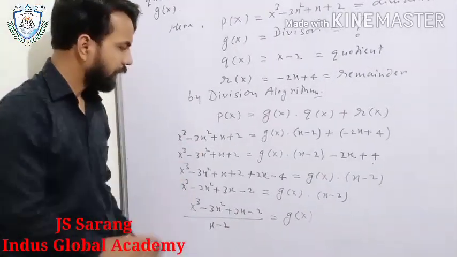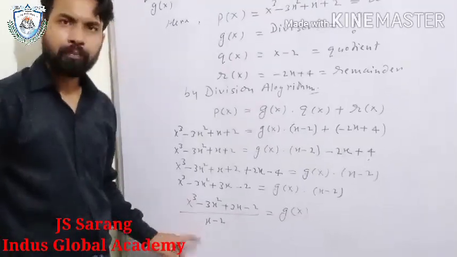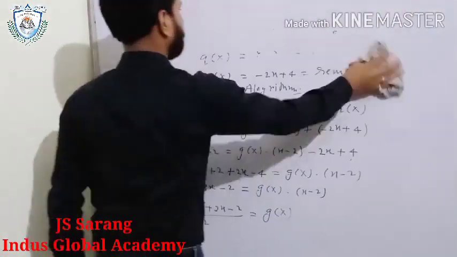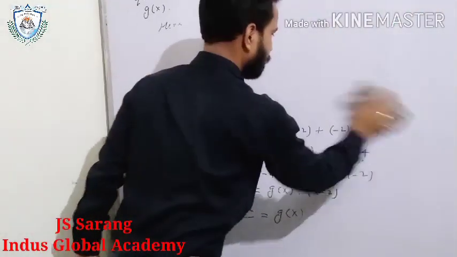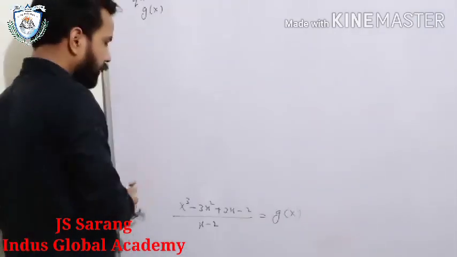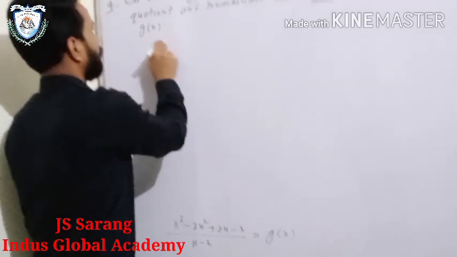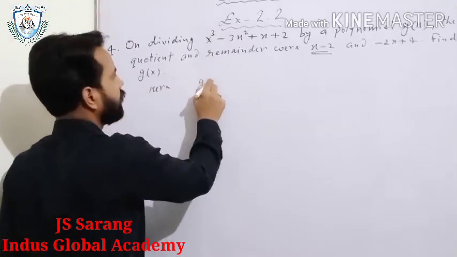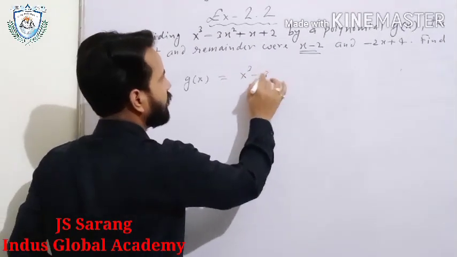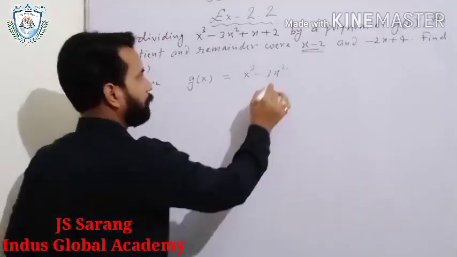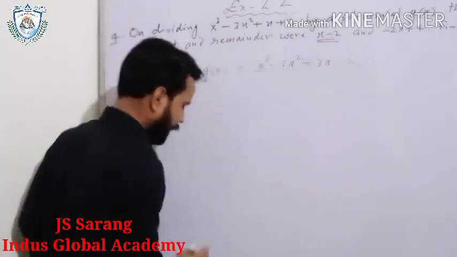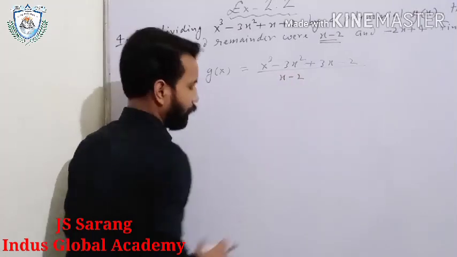So after doing this, we will divide this polynomial by this. How can we divide? See, here g(x) equals x cube minus 3x square plus 3x minus 2 divided by x minus 2.